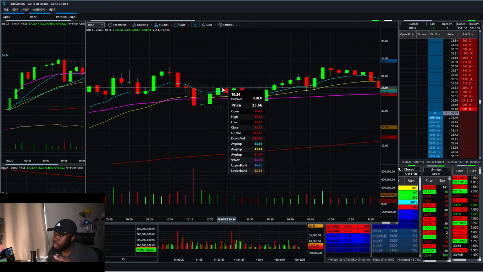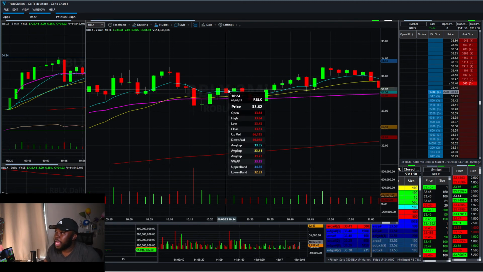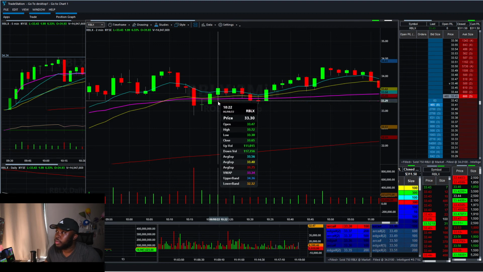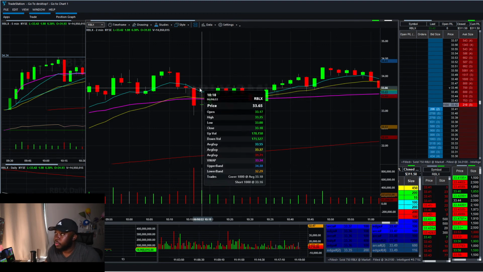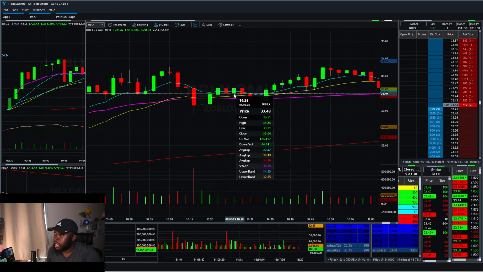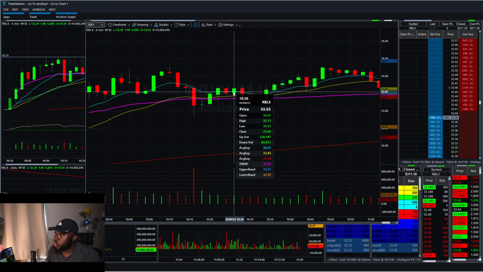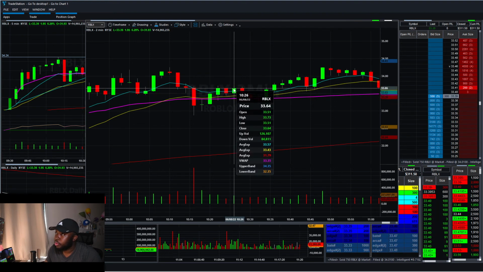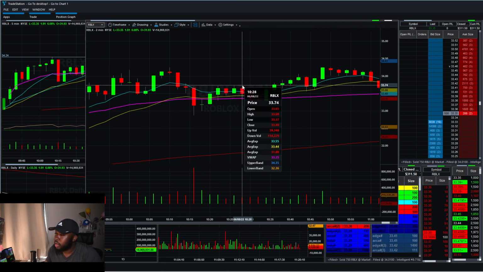It held, and then you finally had a red candle because there weren't enough buyers to actually push the price above that 33.72 or 33.70 area. So you get the little pullback, and then what you see, it tried it again. It went to a high of 33.73, and then it couldn't break. So you get another red candle because there's a lot of resistance up here.